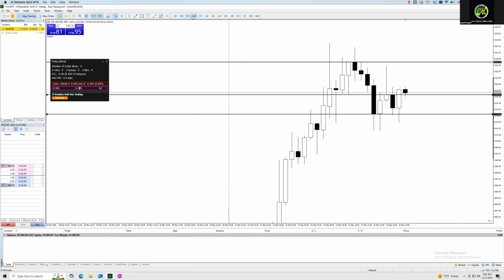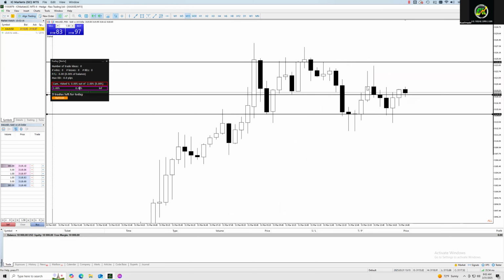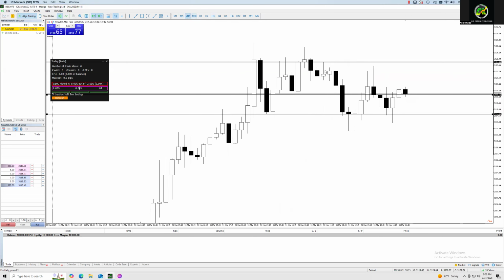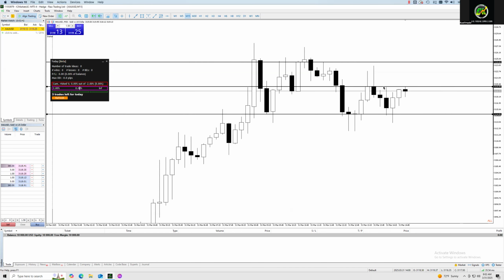Our entries are going to be mostly off of our 15 and our 30 minutes. We always want to go off of our higher time frame confirmations. If you drop down to the 15 minutes here, you'll see that we have a minor resistance right here.